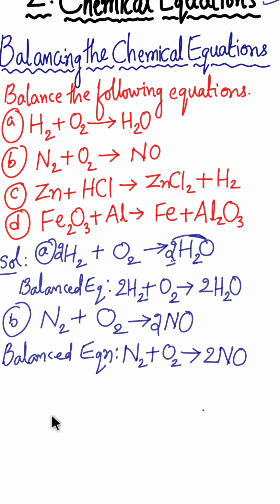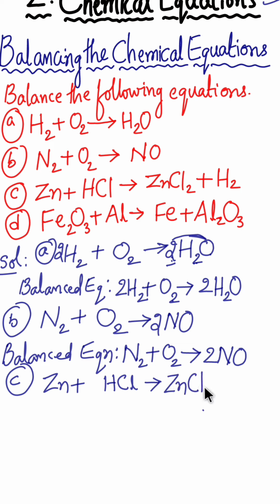Okay. Now let us balance the next equation, right? What is the equation? Zn plus HCl gives rise to ZnCl2 plus hydrogen.